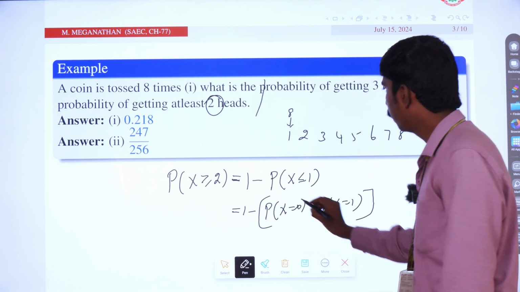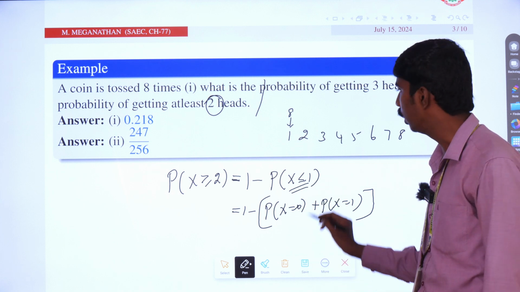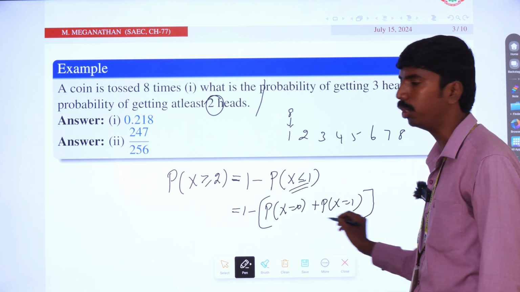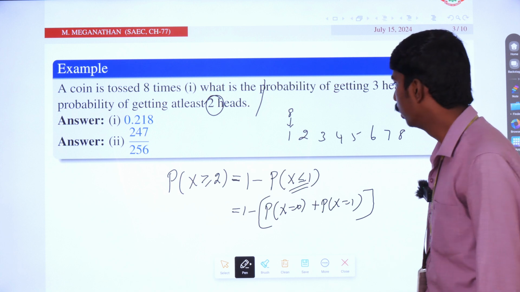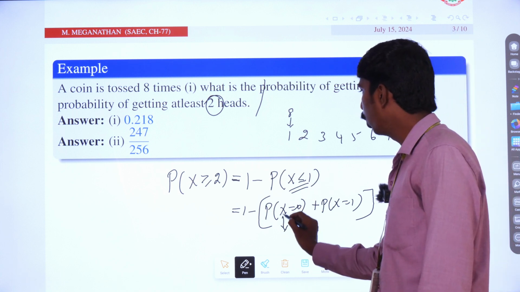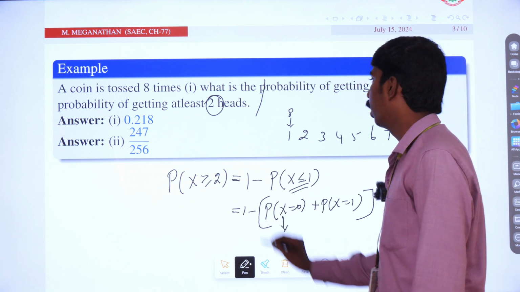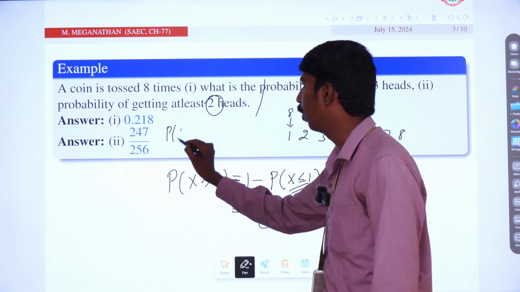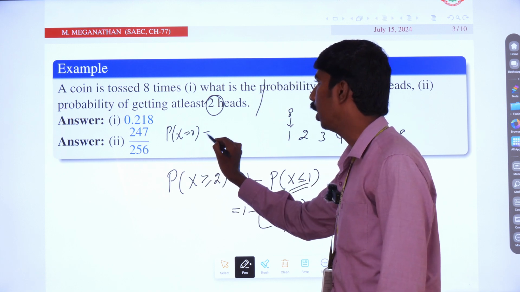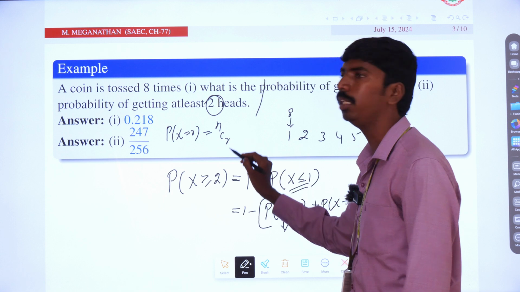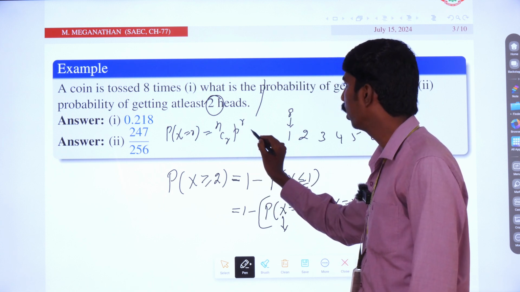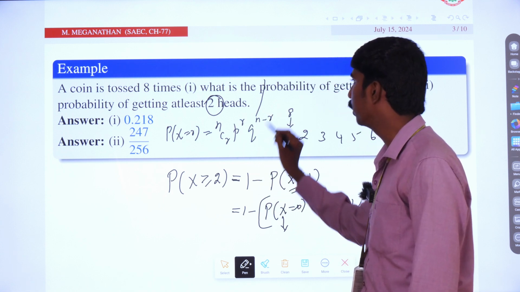So the concept of p of x less than or equal to 1 is either 0 or 1. So these two probabilities only you need to find. So now this is very simple. You know the formula of p of x equal to r. This is the Bernoulli formula we studied, that is p of x equal to r is nCr, p power r, then q power n minus r.